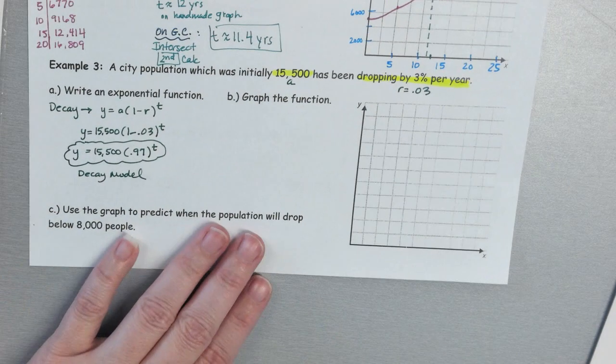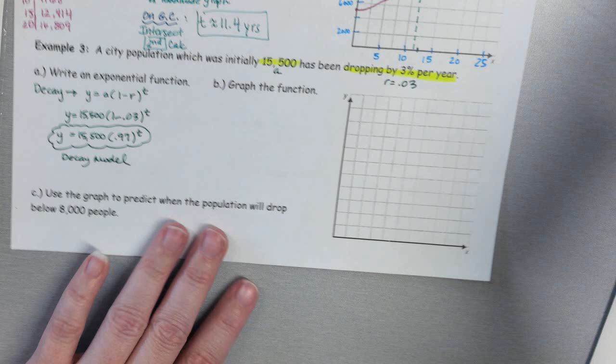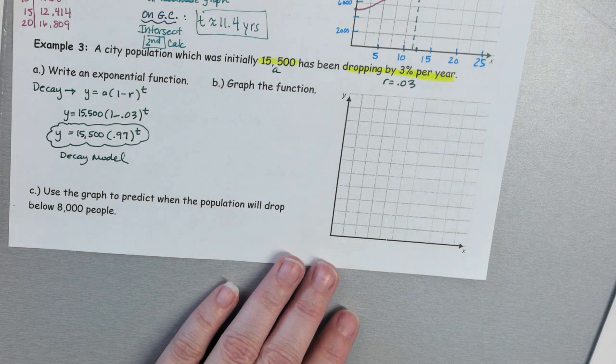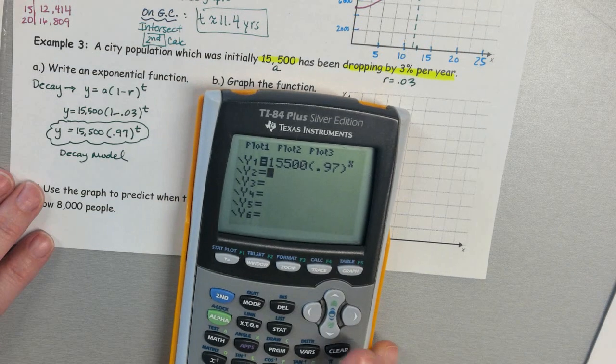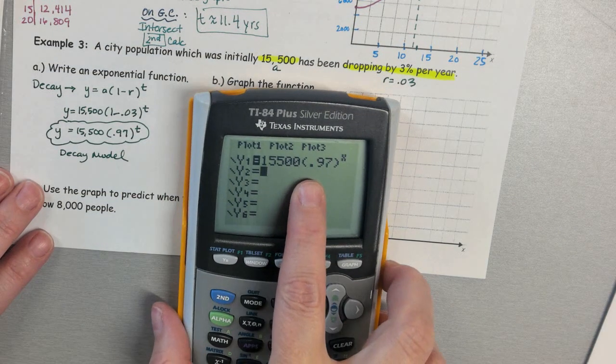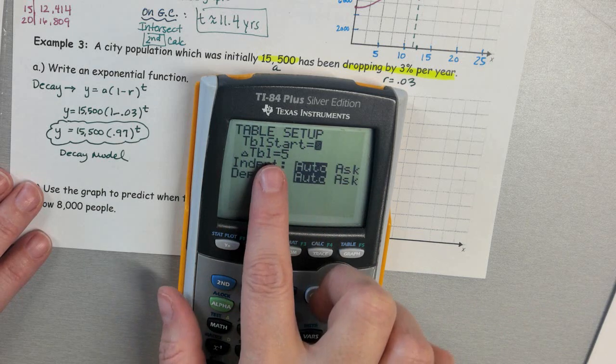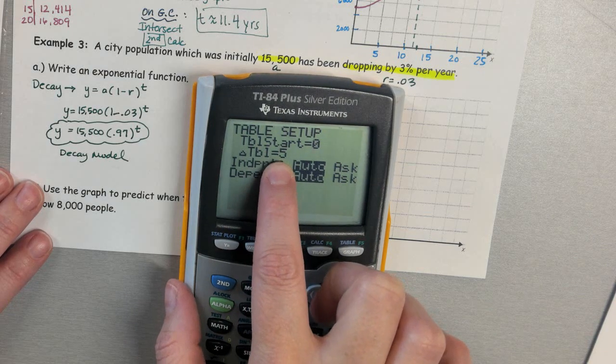So then when you're graphing the function, I said you could use your graphing calculator to find your table. So 15,500 times 0.97 to the x. And then do you guys remember what we did yesterday with our table? How we went by fives?